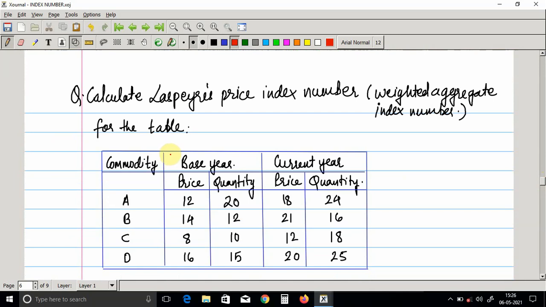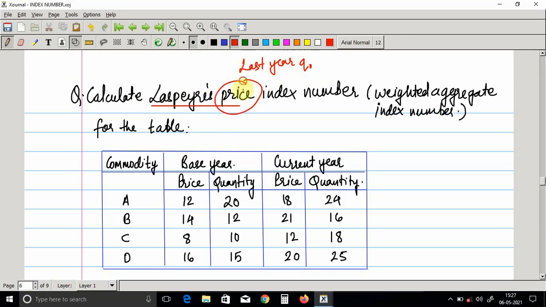Now my motive is you should not just learn the formulas, because there are so many index numbers and it will be very difficult to learn them. Better understand what is going on behind the formula, and try to connect a few small things, like Laspeyres price index is connected with last year's quantity. You can make a shortcut to remember things.